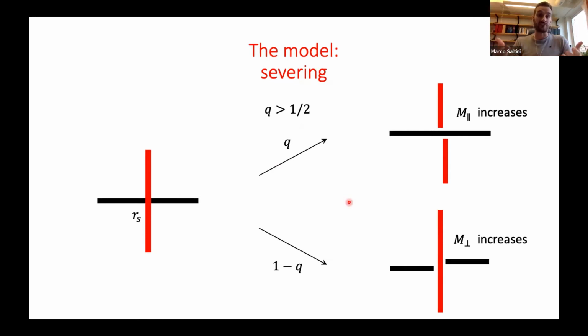What we did then was to run stochastic simulations to observe if this asymmetry induced by the bias in the severing of microtubules belonging to two different populations is enough to explain the long-term lock-in of the longitudinal array. But what we observe is that no, it is not enough. If we just assume that the only asymmetry in the system is given by the preferential severing, we do not observe reorientation at all.